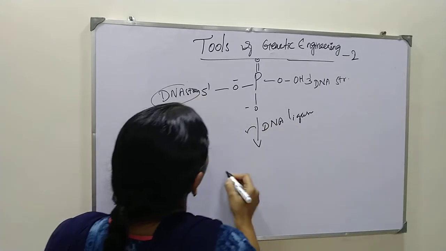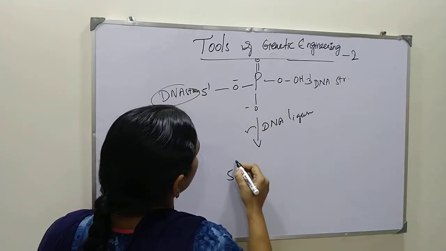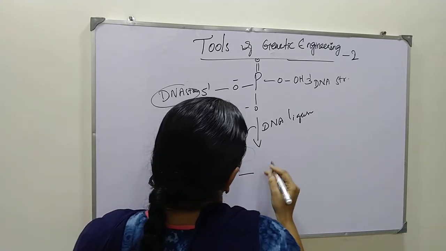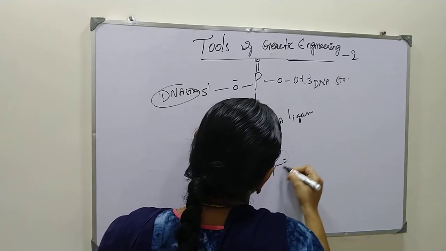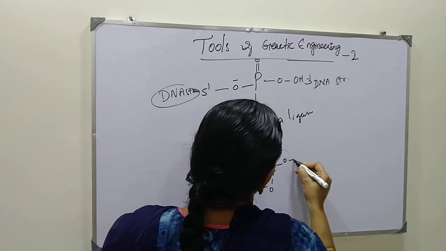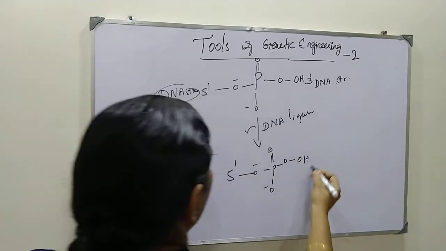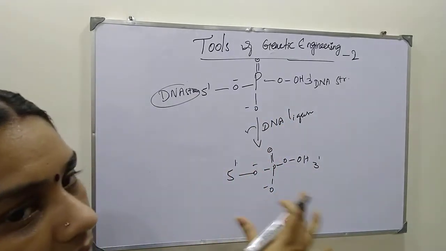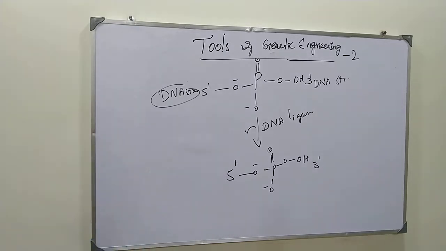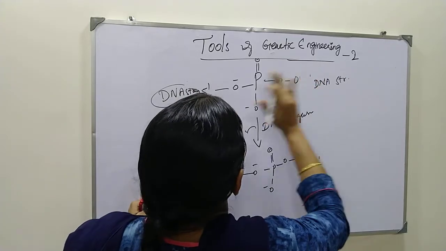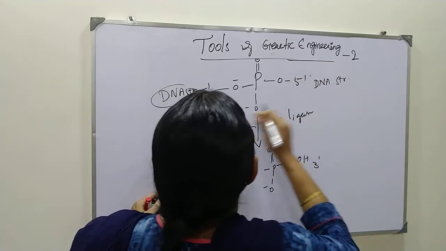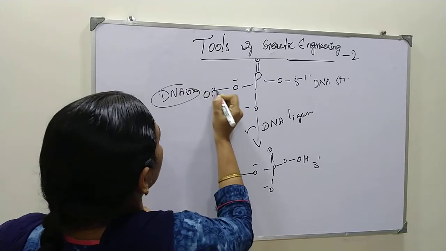It will link this 5' phosphate with the 3' OH. The phosphate is present at the 5' end, and the OH will be present at the 3' end.